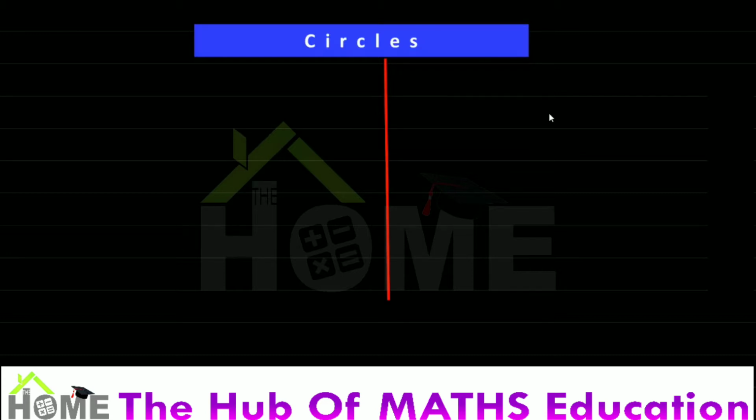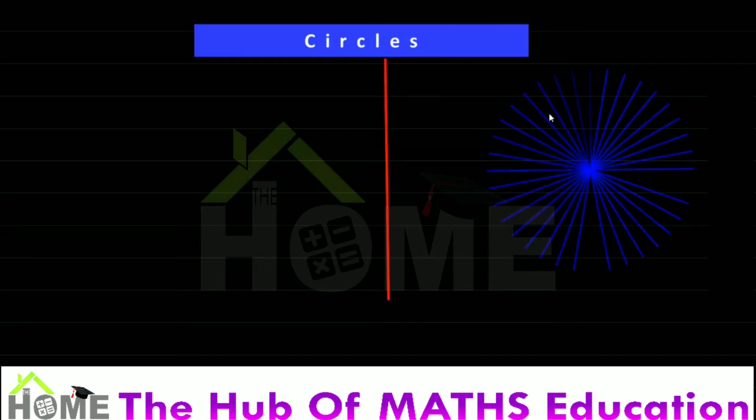Take any point and draw line segments that are equidistant from this point. Here, this is the point we have taken, and these are all the line segments we have drawn at equal distance from the center.